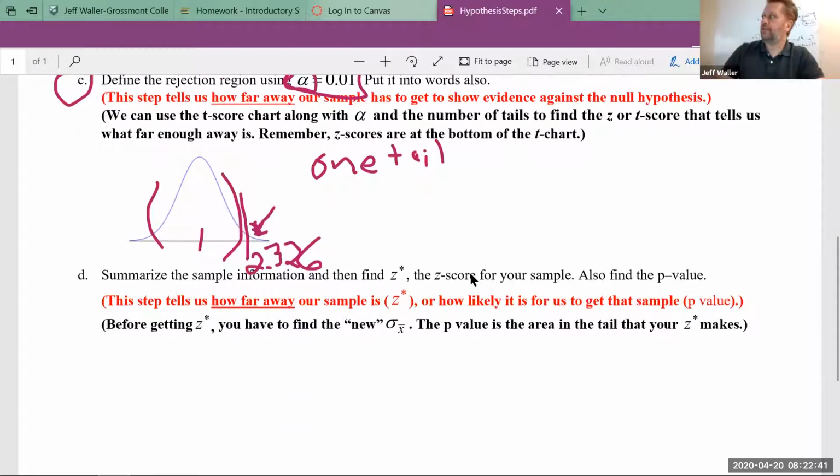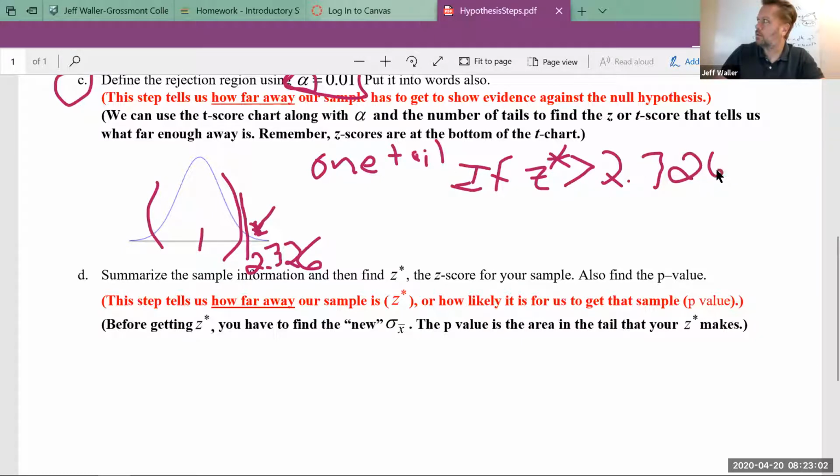So if my Z star, what does Z star mean? We'll talk about it in a minute. If the Z score I calculate from my sample is more than 2.326, that's only got a 1% chance of happening. So stay with me.